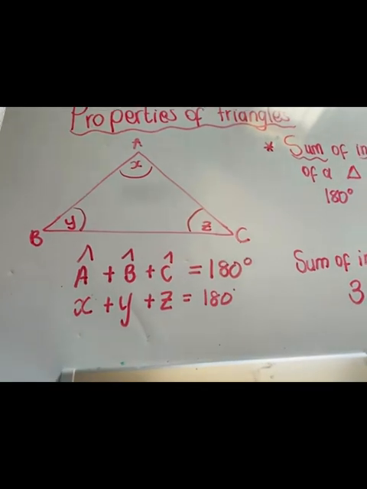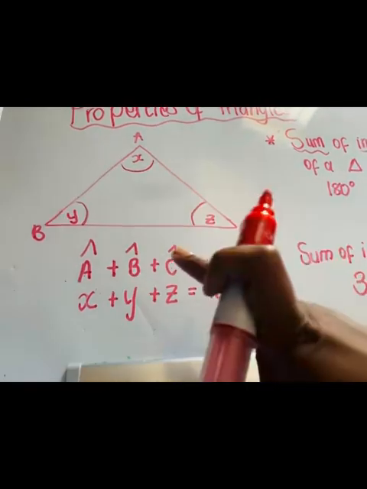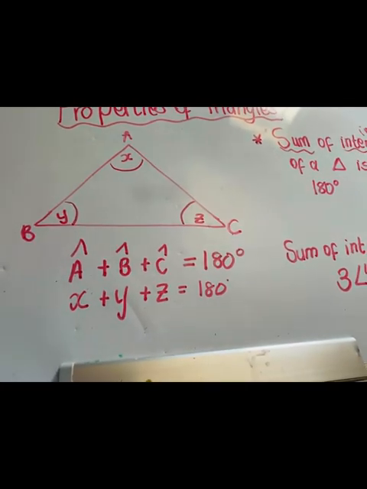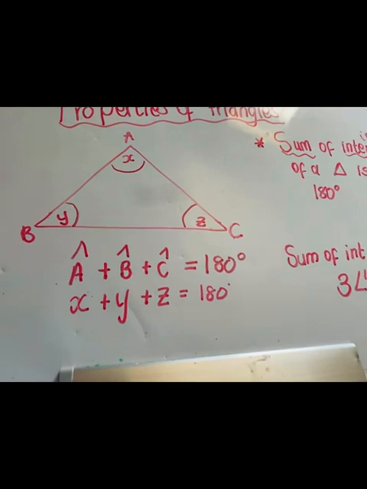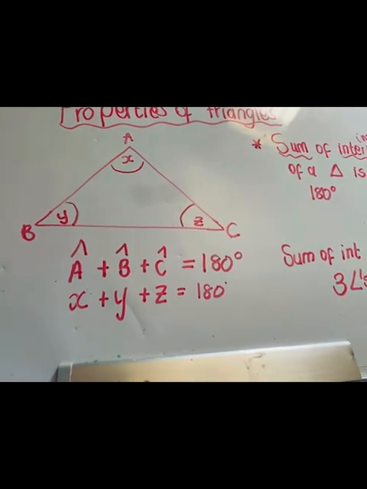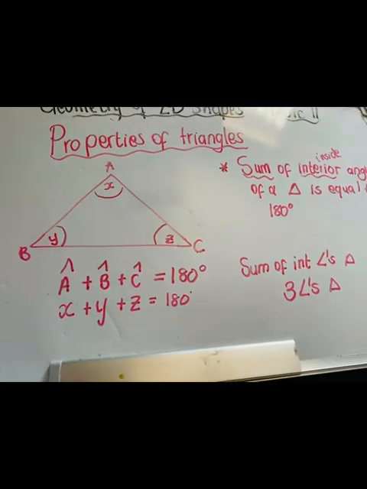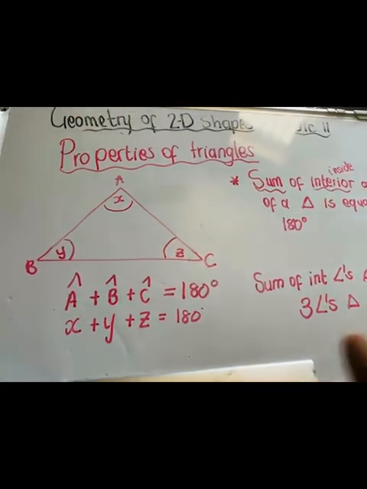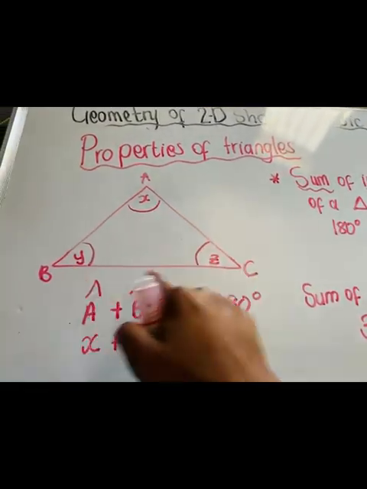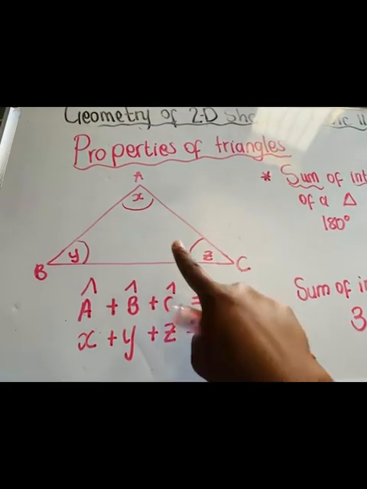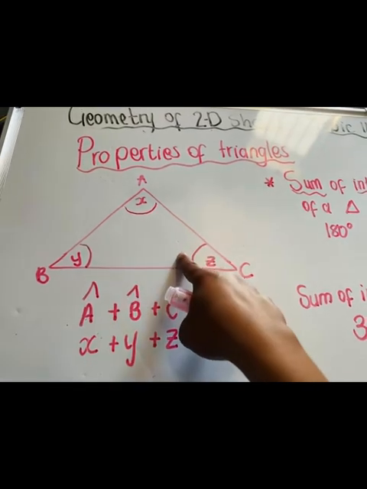So here I was explaining in terms of the variables. Now you will be calculating in terms of numbers. You'll be finding the value of X, Y, and Z while you're given numbers. So that's what this theorem is all about. It states that inside a triangle, you have 3 interior angles, meaning you have angles inside a triangle.